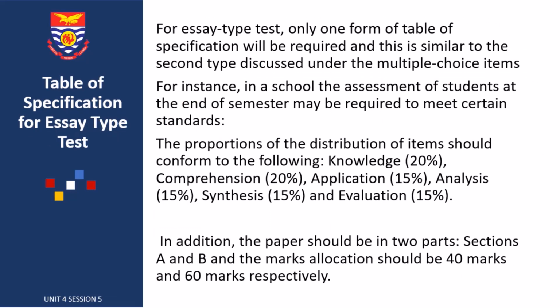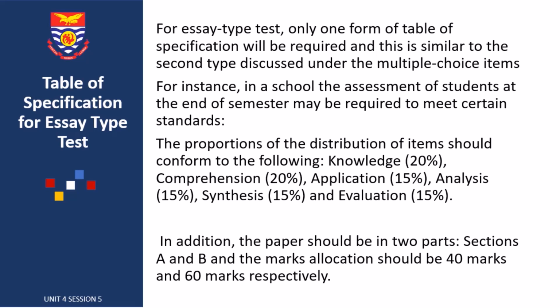All right, so you also have a table of specification for essay type. For essay type there is only one form of table of specification required, and it's similar to the second type discussed under the multiple choice items. For instance, in a school, students at the end of semester may be required to meet certain standards, and that is, the proportion of the distribution of items should conform to the following.